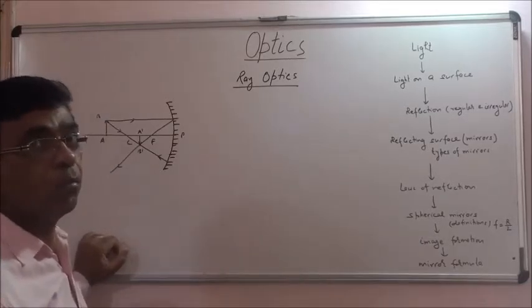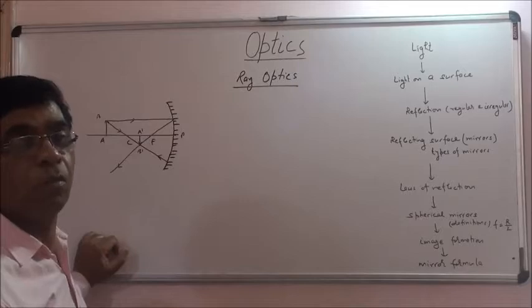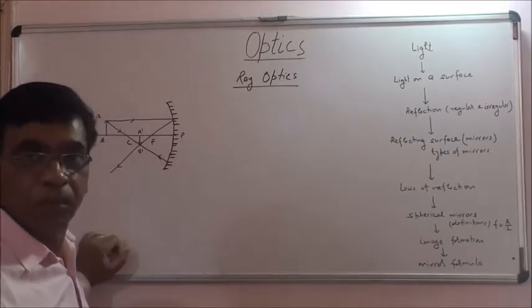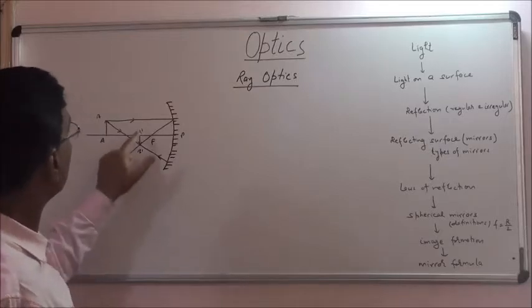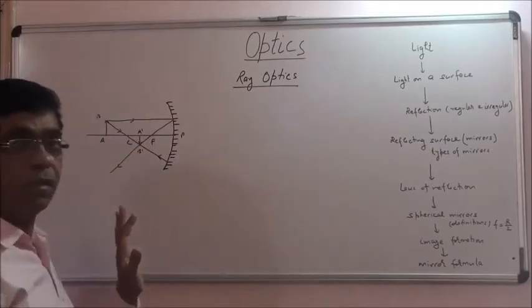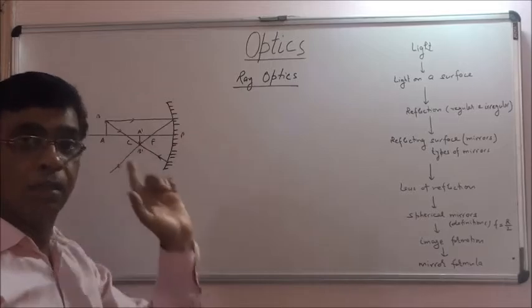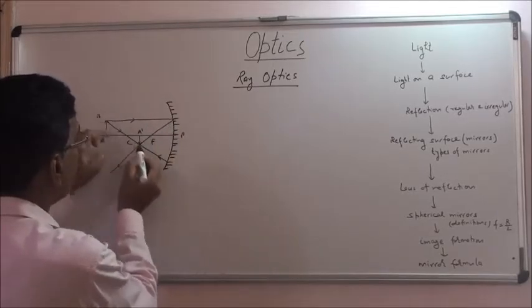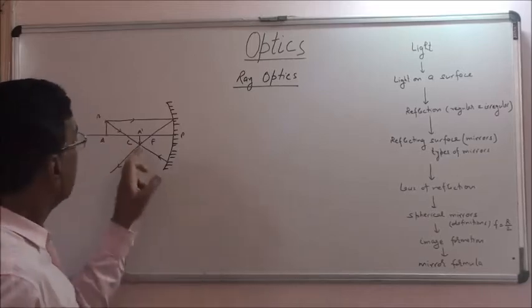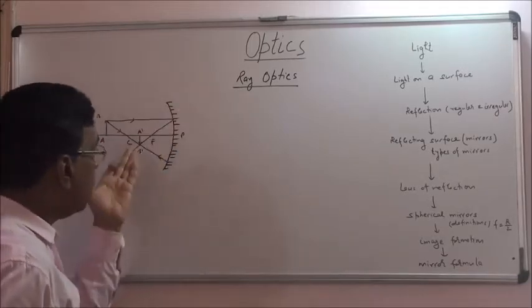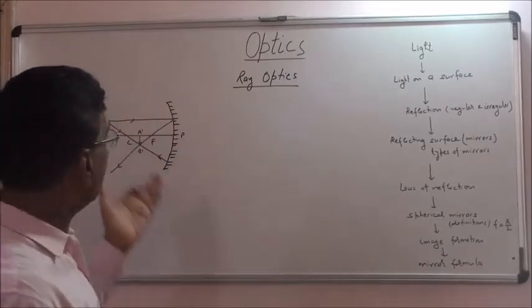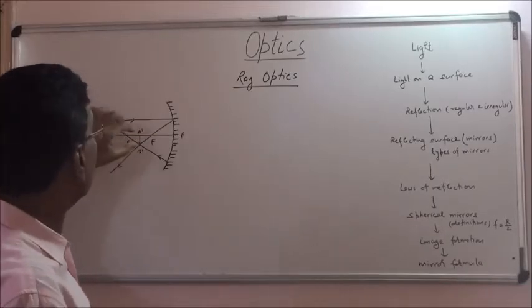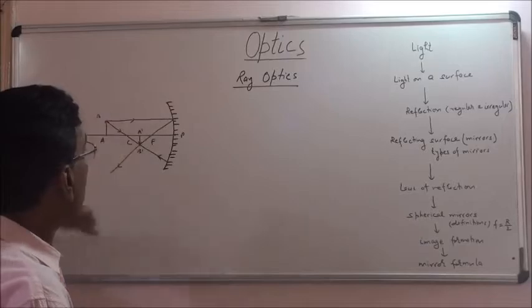It is the perception of the object as perceived by our brain. So this is image and it is real because the rays actually meet at this point. Rays are actually going to form these images, right? This image particularly. So this is the real image.